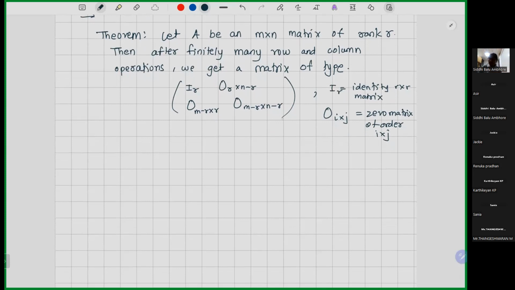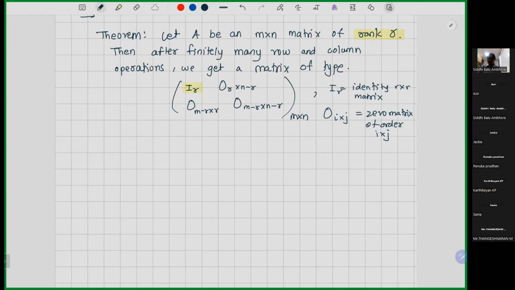Okay, so if A is M cross N, the resultant matrix obtained by applying row operations is again an M cross N matrix. And they are saying that if R is the rank, this R is equal to this R here.